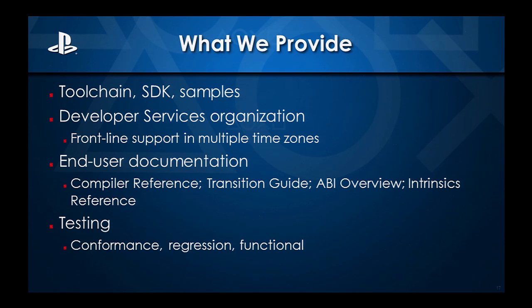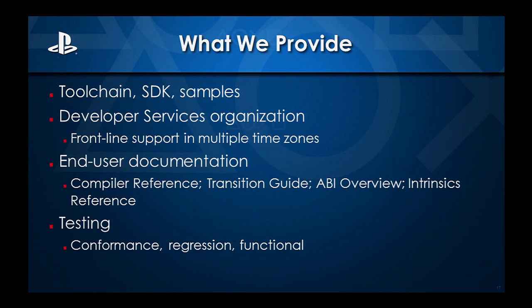We provide a bunch of manuals. The ones relevant to the compiler: there's a compiler reference, which basically means command line option descriptions. There's a transition guide, how to use Clang if you're starting from SNC or GCC or Microsoft, a short ABI overview, and an intrinsics reference manual, which is basically a man page per intrinsic function for all of the 700 or so intrinsic functions that we provide for x86.